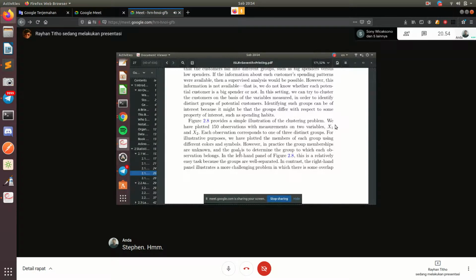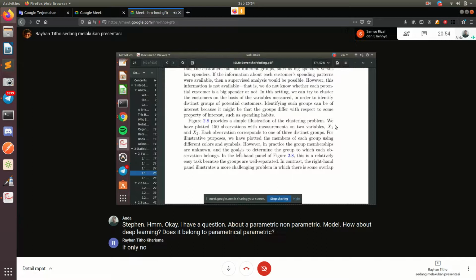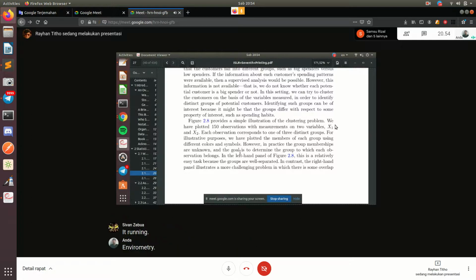Okay, I have a question about parametric and non-parametric models. How about deep learning? Does it belong to parametric or non-parametric? Definitely non-parametric, because deep learning never makes assumptions about the data.